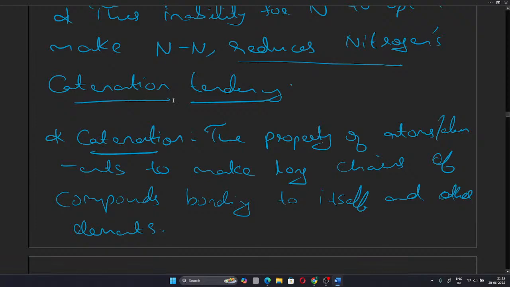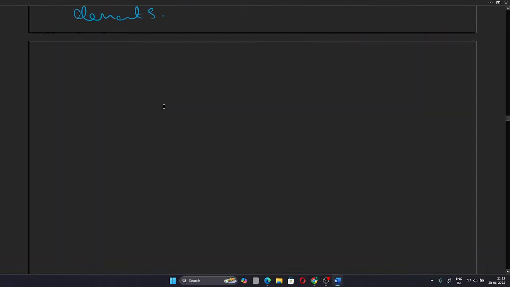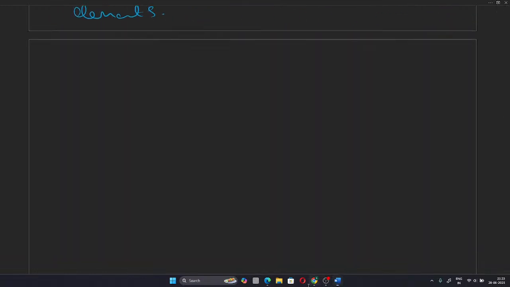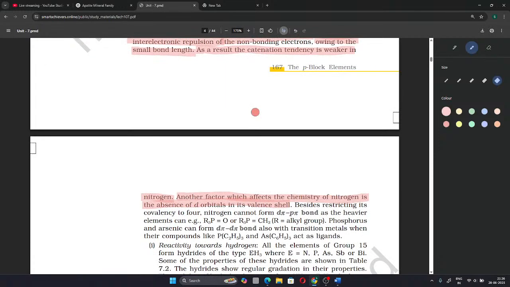This is catenation. That is what they are saying: the catenation tendency is weaker in nitrogen.